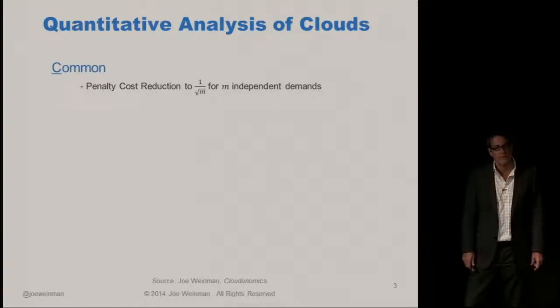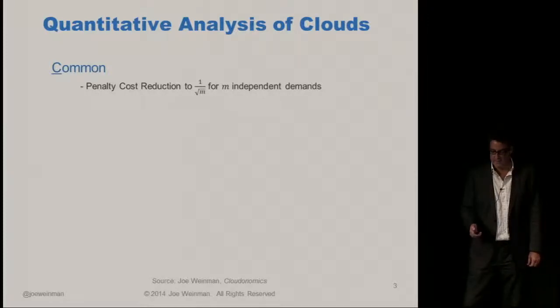So of course, if they're correlated, you don't get a reduction in the penalty function, but if they're uncorrelated and independent, then you get a reduction that's commensurate with that. So that's statistical muxing benefits.